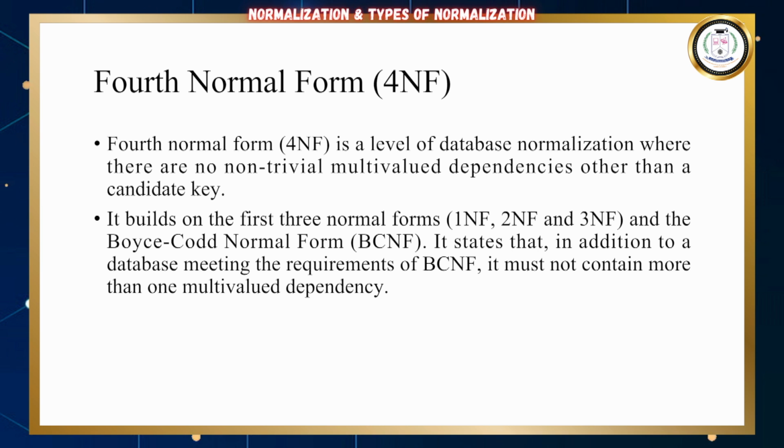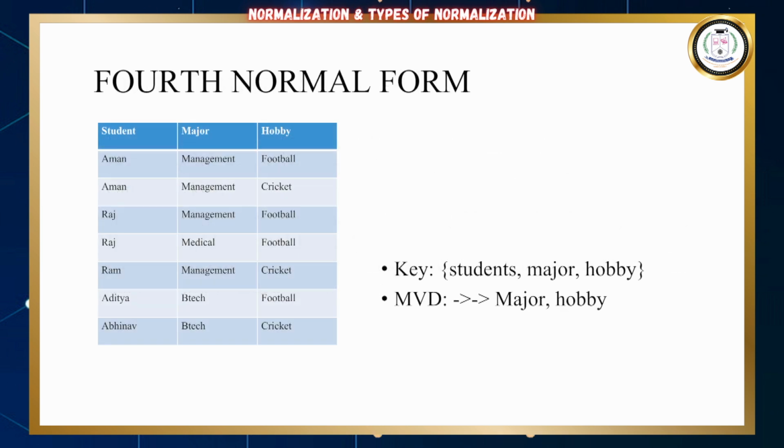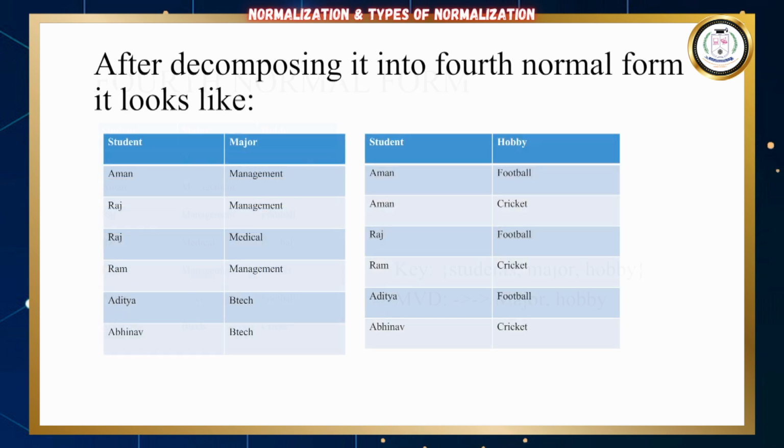This is the fourth normalization definition. And then an example: key student; major, hobby are the MVD, that is multi-valued dependency, here major and hobby. So after decomposing it into fourth normal form, it looks like this.